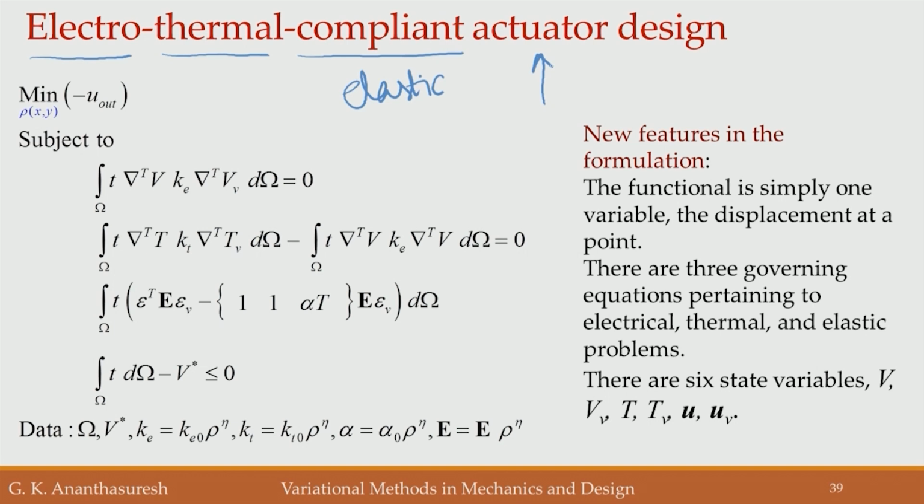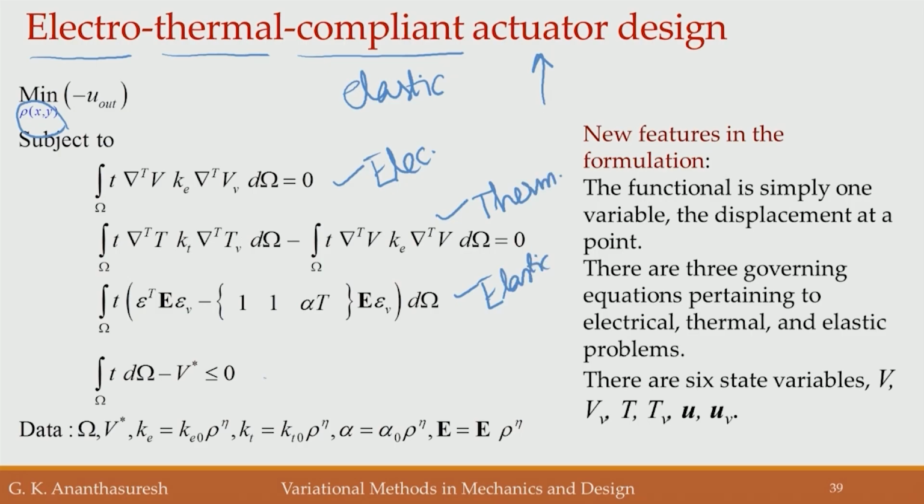We want to maximize the stroke of the actuator, and there is a variable, we do not have to worry about what that variable stands for now, just rho of x, y for a 2D problem. There are these governing equations: this one is for electrical, this is for thermal, and this is for elastic analysis.